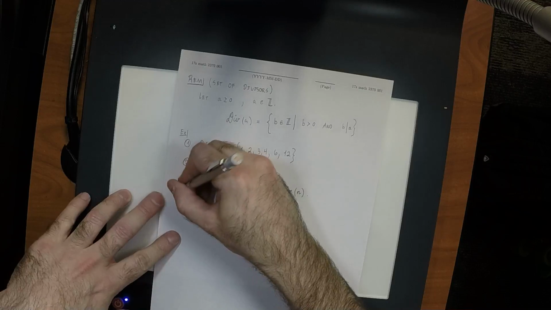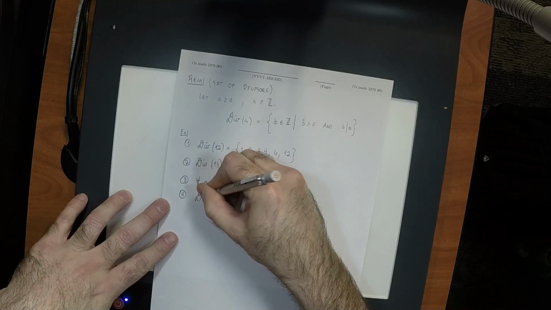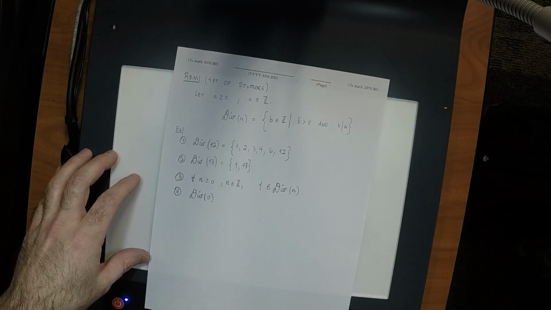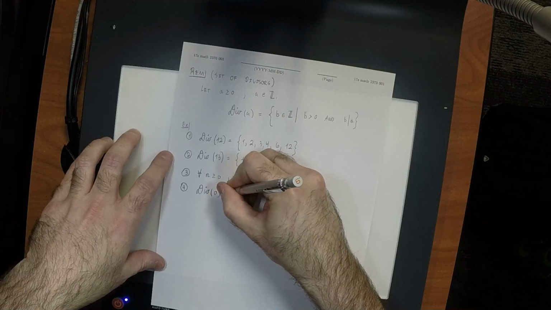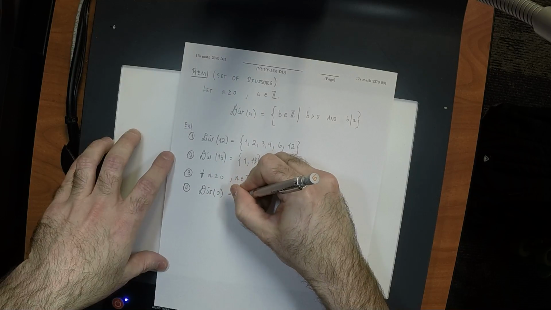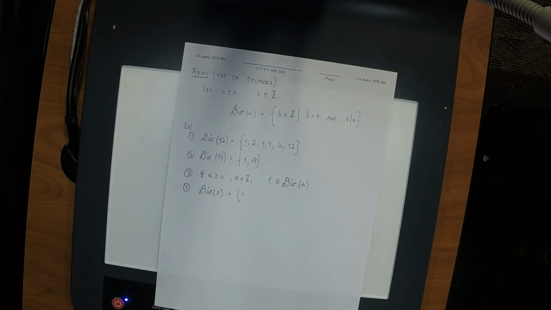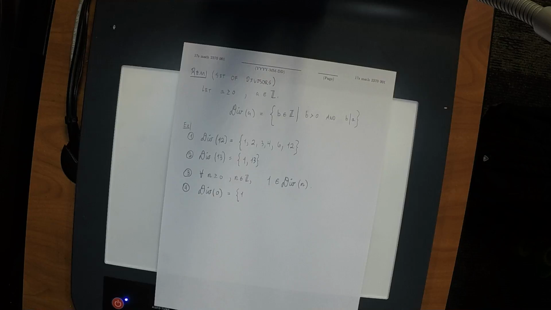So now here's the disturbing one. Let's consider: what are the divisors of 0? 0 is not a divisor. Well, 1 is in there, right? Because we just got finished saying that 1 divides everything. It's because the definition of division requires the divisor to be positive.